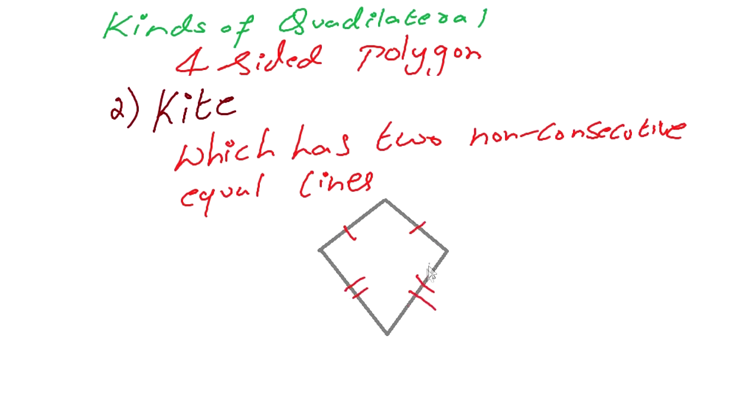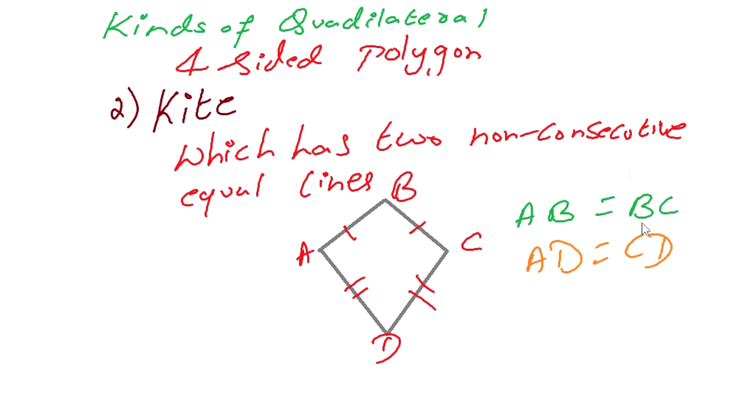But these two pairs of lines are not equal to each other. For example, let's take this as A, B, C and D. As per the definition, AB is equal to BC and AD is equal to CD, but AB is not equal to AD or vice versa. Similarly, AD is not equal to CD. So this is what a kite means.